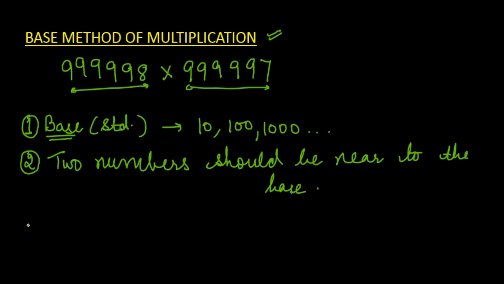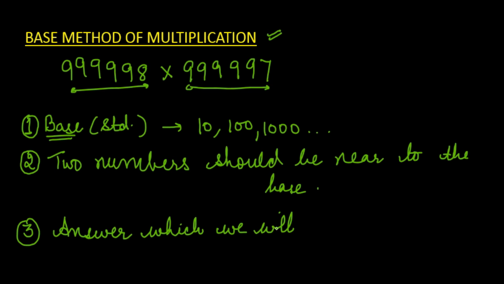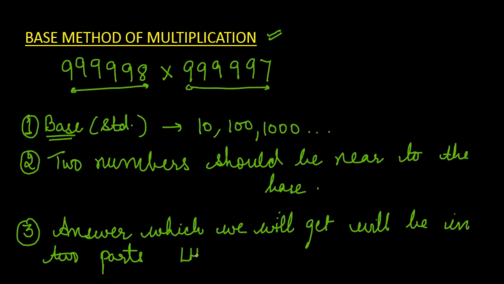And the third part is that the answer which we will get will be in two parts. The left part we will refer to as LHS, and the right part will be referred to as RHS. Fine. So let us learn this technique through an example.